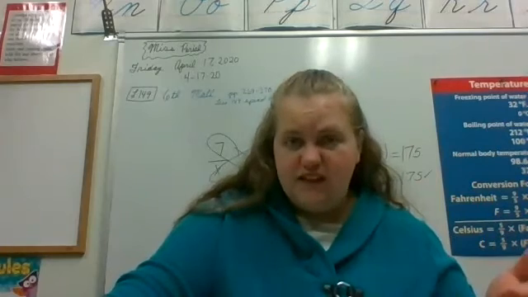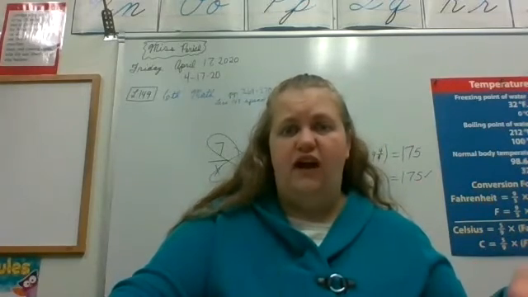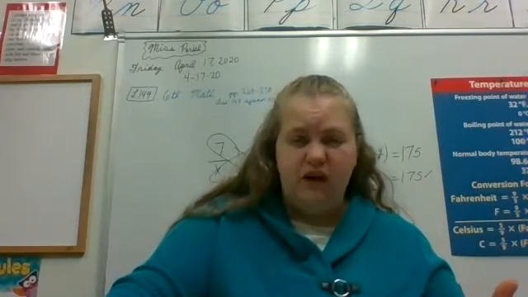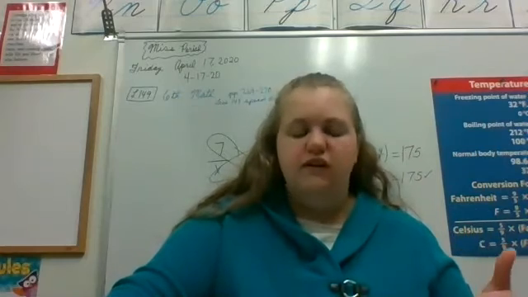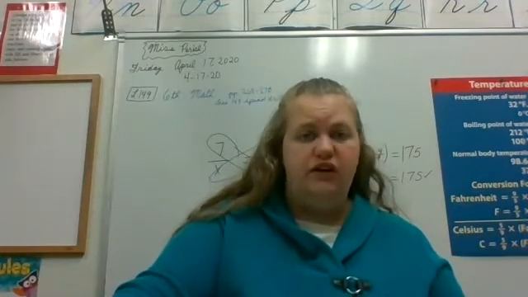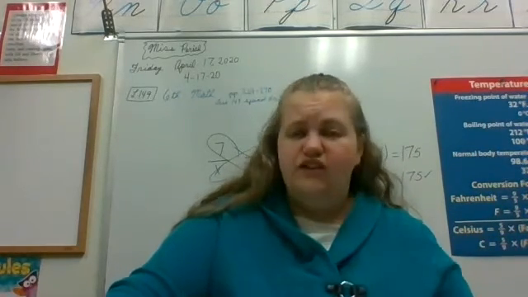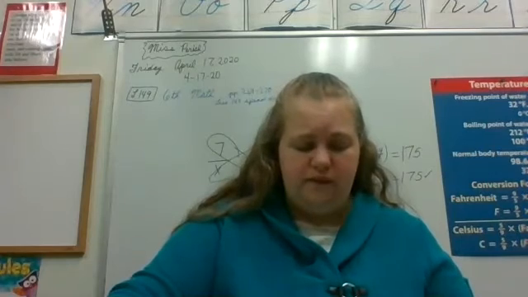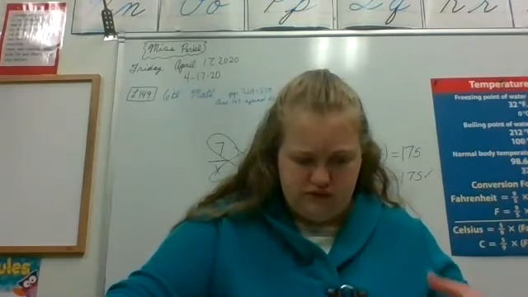If it doesn't make sense, if you're getting like a really large number and you really think that it should be a small number, double check your work, okay? If you're getting a really small number and you really think it should be a larger number, just double check that, so you can do that.